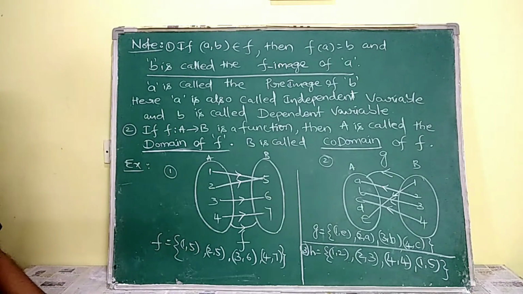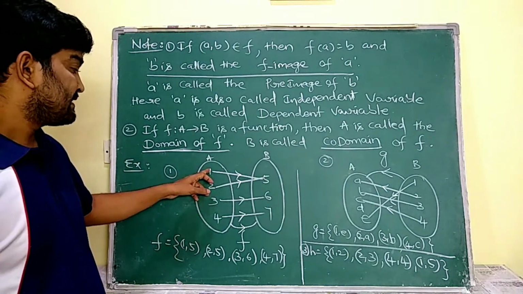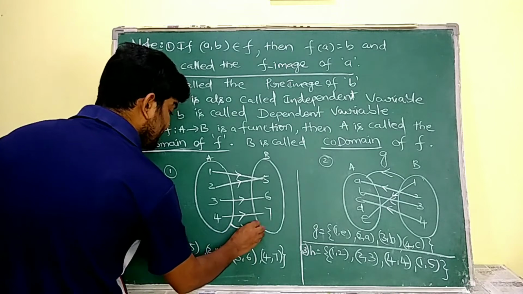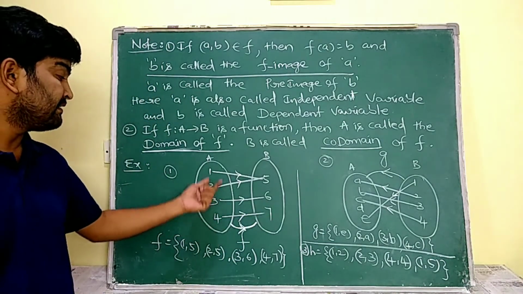Let us take two or three examples. Here, this is a function from A to B; the arrow marks indicate that.